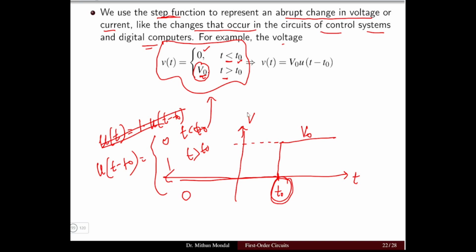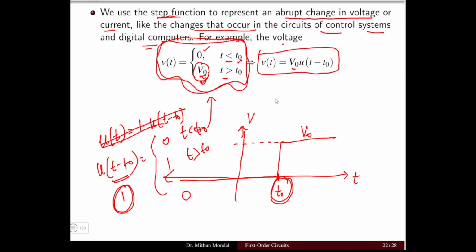Now when we define the step function, we have defined it for a unit amplitude. So here you have a V naught amplitude, so multiply the equation with V naught. Irrespective of these big mathematical symbols, we can simply write the equation of the voltage in this form.